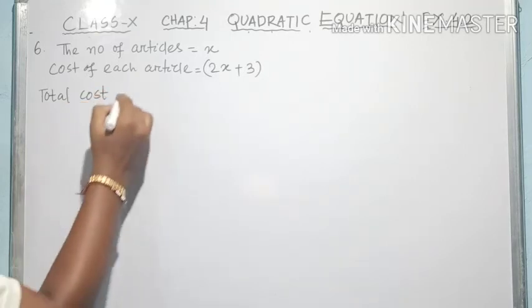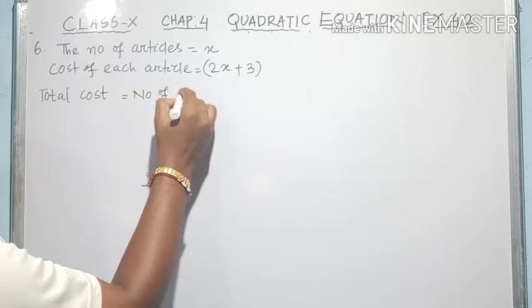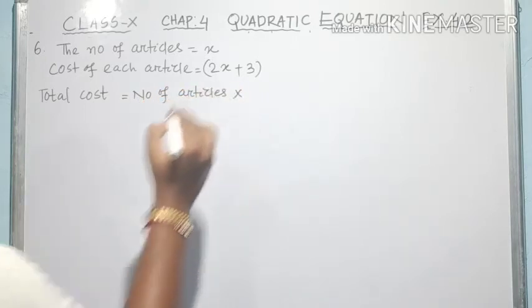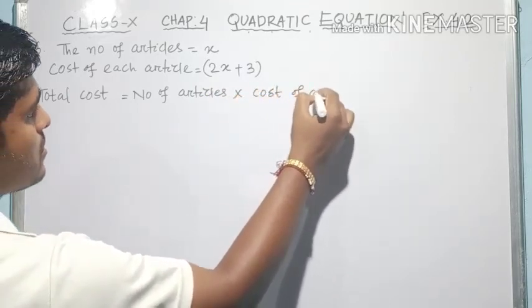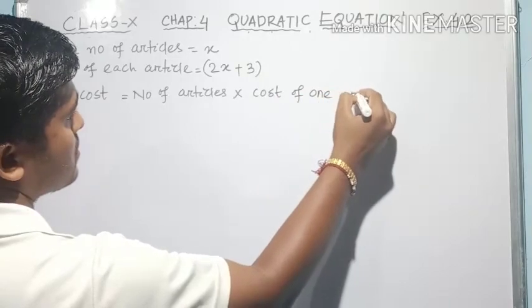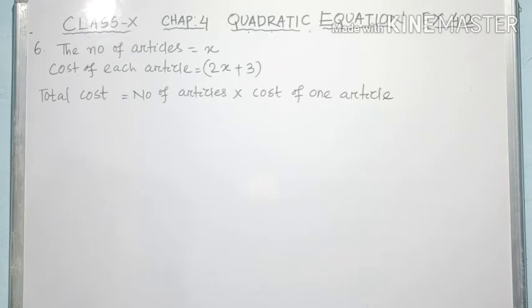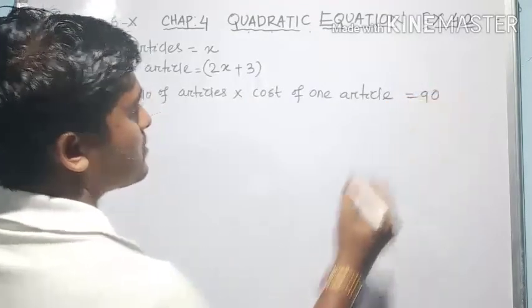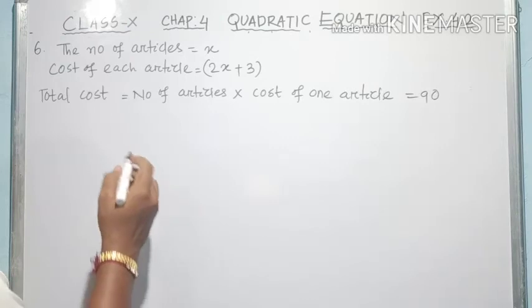Total cost is the number of articles into the cost of one article, which is given as 90. It is given that the total cost of the production was 90 rupees.